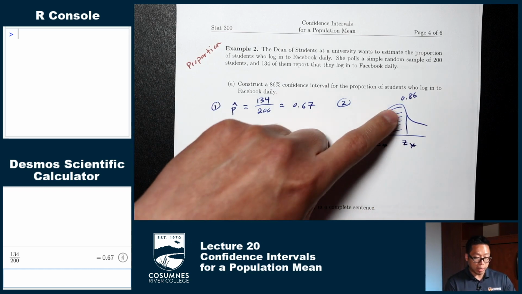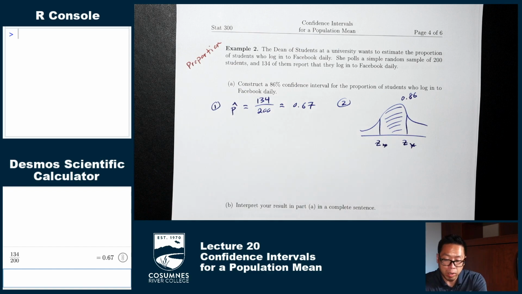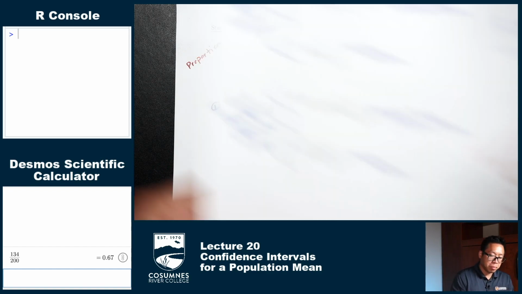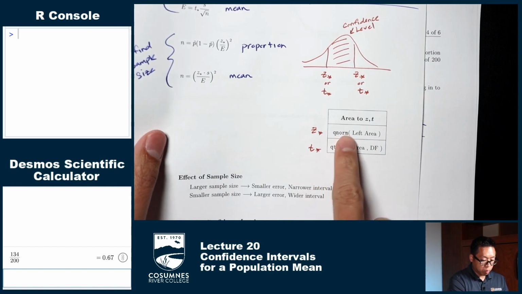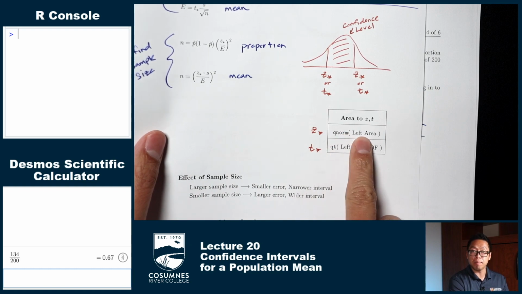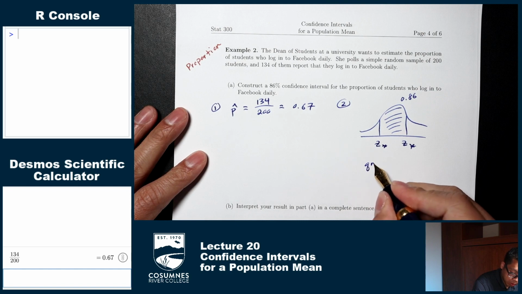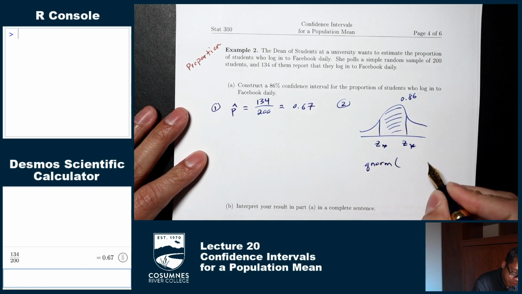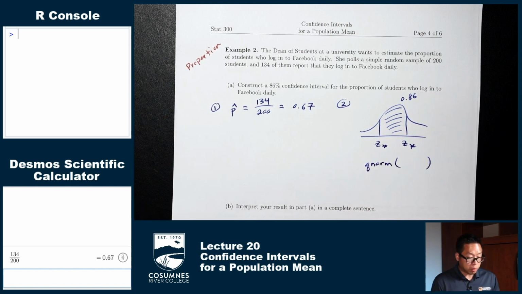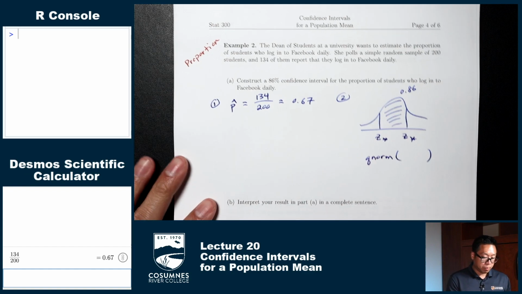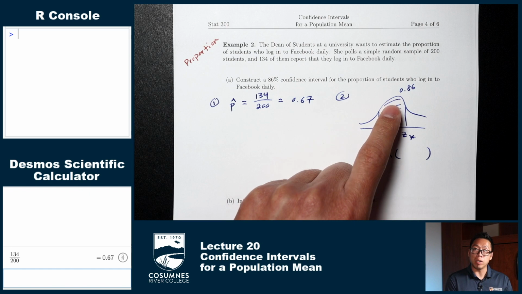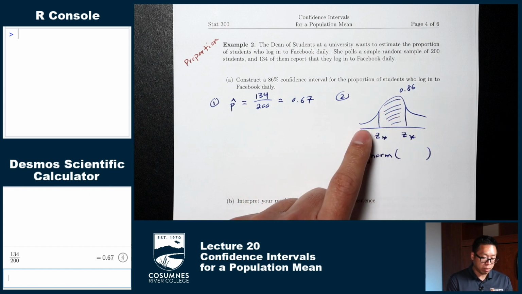Okay, this is an area to z question. For an area to z stars, we're going to be doing qnorm left area. So this one's going to be qnorm. If you're looking for a t star, it'll be a qt. So left area. 0.86 is the area in the middle. What I want is this unshaded part on the left side.